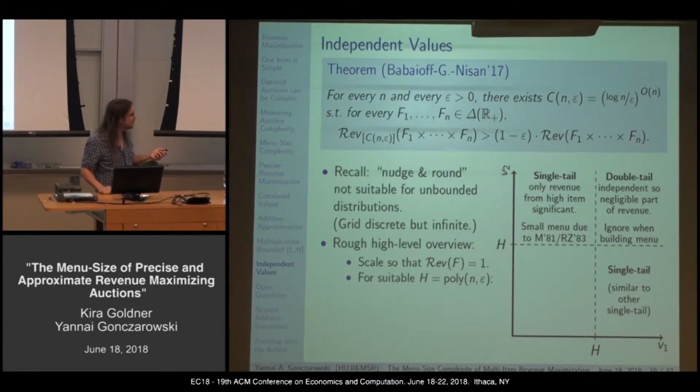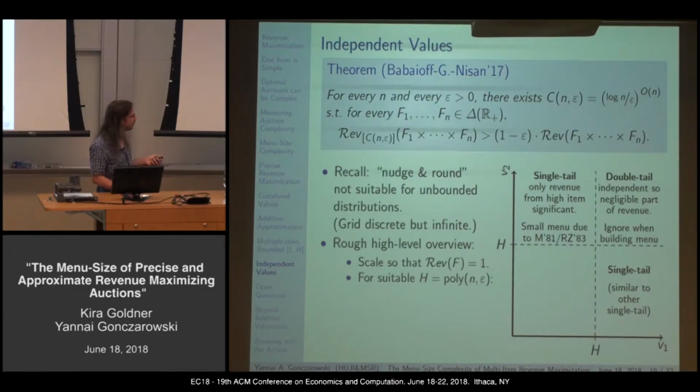And since I'm selling one item here, only the high item, I could get a very small menu due to Myerson, Riley, Zeckhauser, this kind of argument that I could simply do pricing. Actually, I have to do two menu items here, one of them corresponding to selling the item in the Myerson, Riley, Zeckhauser case, the other one corresponding to not selling it in this case.